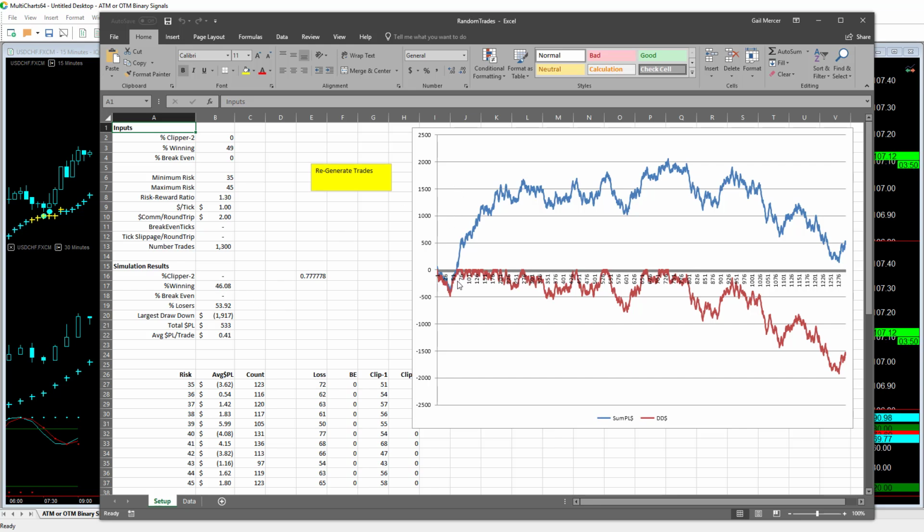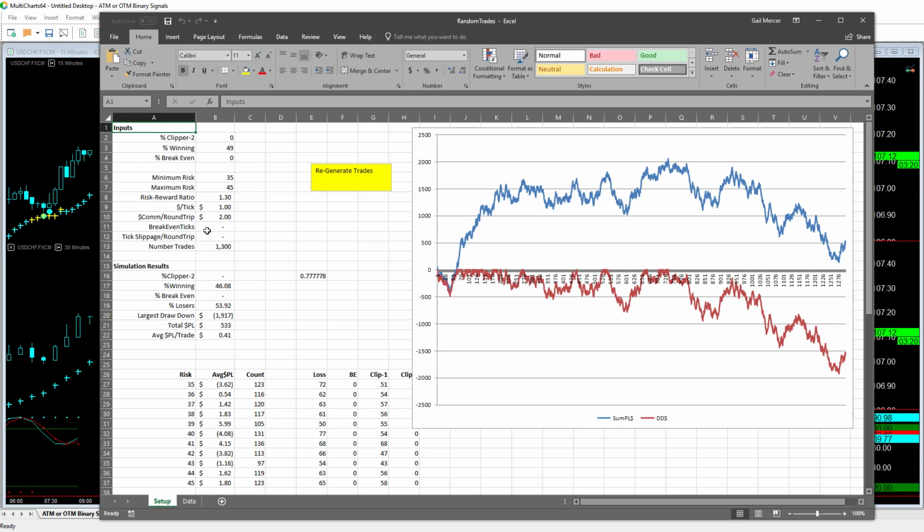And you can see, while initially it made money, then it went down. This magical number seems to be 48 from all of the analysis that I have done. So as long as you're able to achieve a 48% winning ratio with a risk to reward ratio of 1.3, then you would be able to actually be profitable in trading, hopefully.